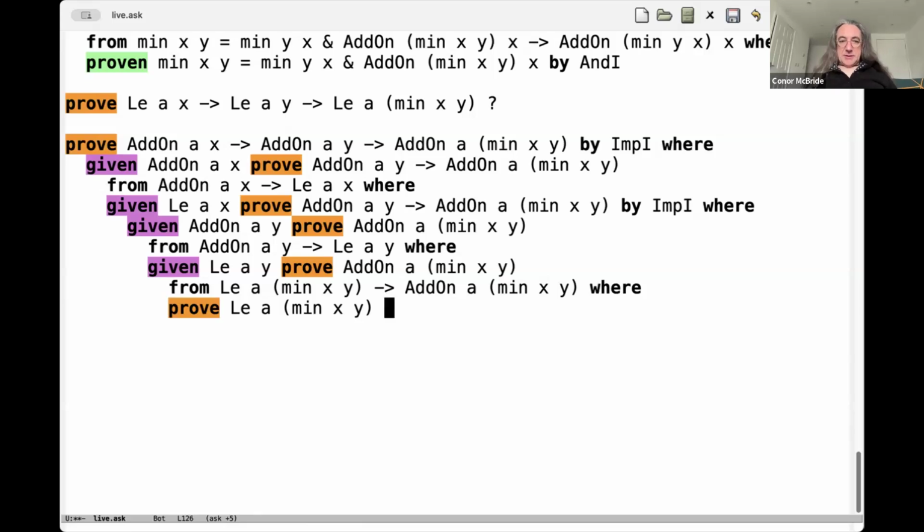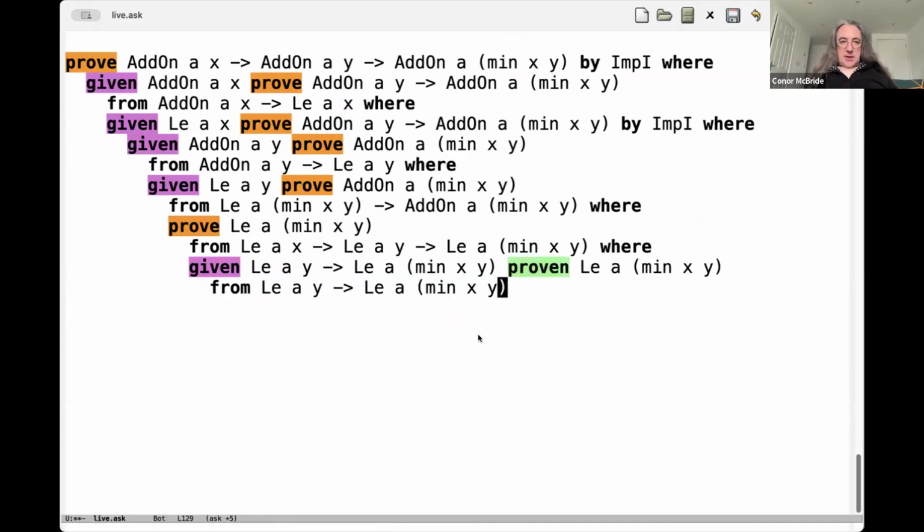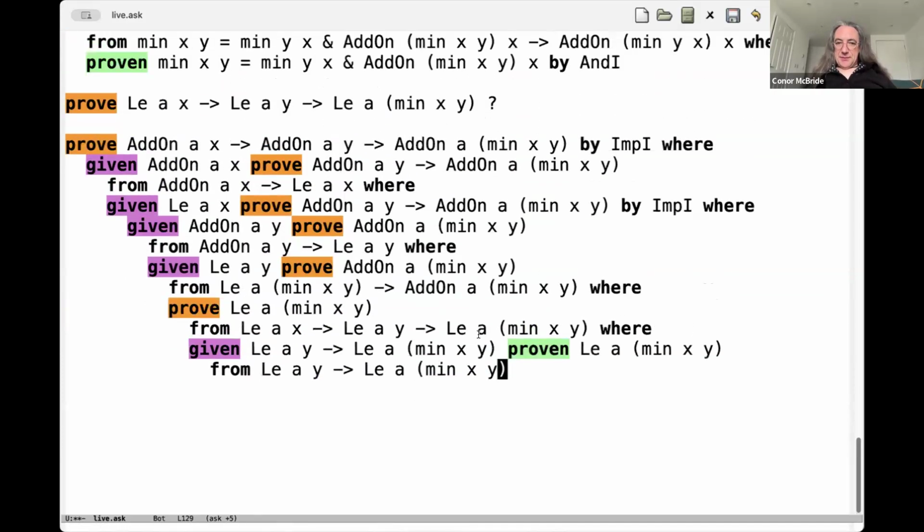And now I have to prove that. But any minute now, I will know this much. And it's the usual deal when you've got two hypotheses, you have to use them one at a time. So if we've got two arrows, we need to do two froms, but that much will be fine once we've knocked this off.